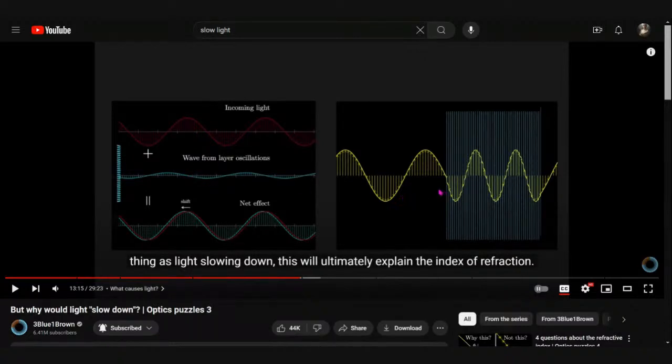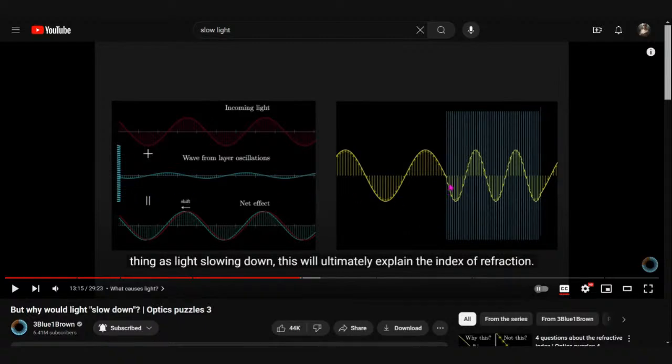So the overall, this plus this, he didn't do the complete addition, but what you're getting is that the red has shifted a little bit to the back. So the red has slowed down a little bit after influencing the first wall.